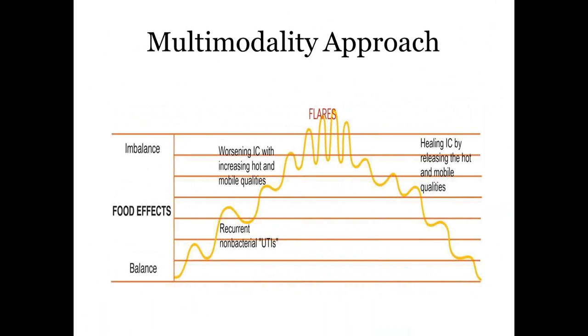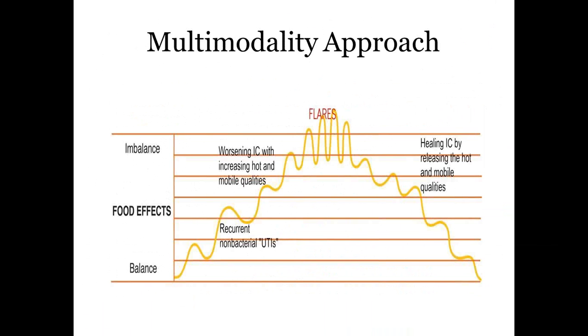It comes to the point, however, where the flares of IC become so great and so intense that there is no period of time of significant relenting of symptoms, and that these flares occur every month, every 2 months, and they continue until something is done by the individual who's suffering from these symptoms.